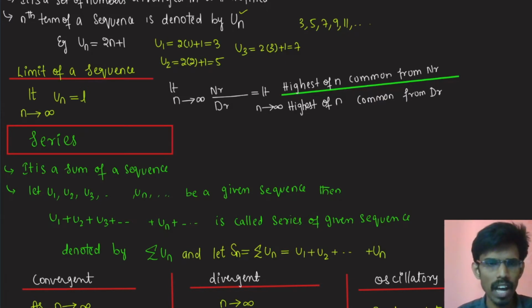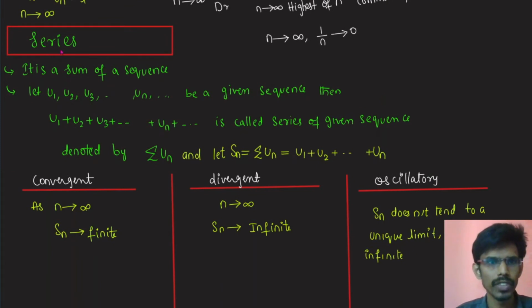So whenever we have limit n tends to infinity of numerator by denominator, we take the highest power of n common from both numerator as well as denominator. And one more thing, if n is tending towards infinity, then 1 by n will tend to 0. Remember this.